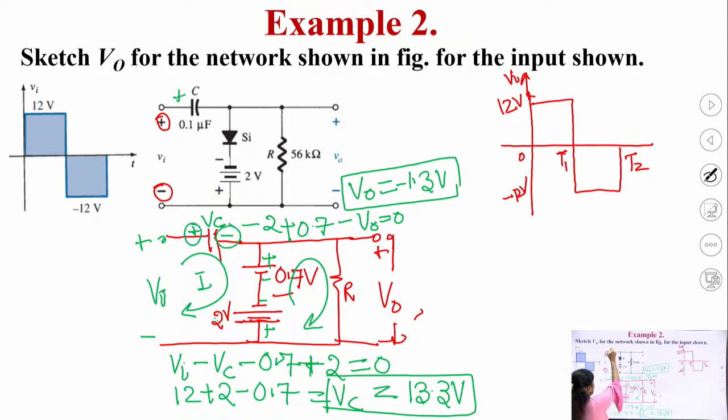So, this is plus and this is minus Vc and the value is 13.3 volts. And let us say this is V naught 1, the voltage during the time period 0 to T1, it is 1.3 volts. Now, coming to the next half cycle, that is T1 to T2.